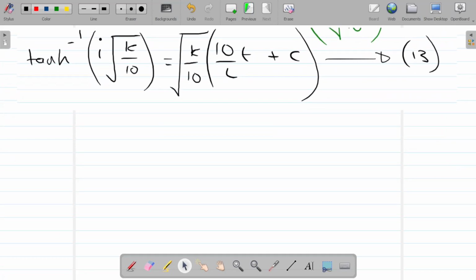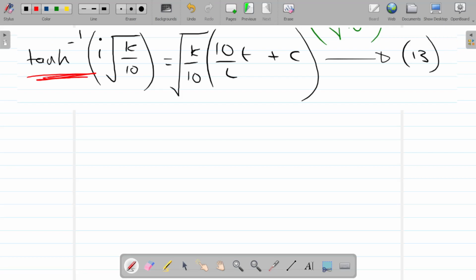Right, so we can simplify it a bit more. So leaving the I root k over 10 on the left hand side, what we're effectively doing here, I'll just explain this a little more clearly, we've got an inverse hyperbolic tangent function.